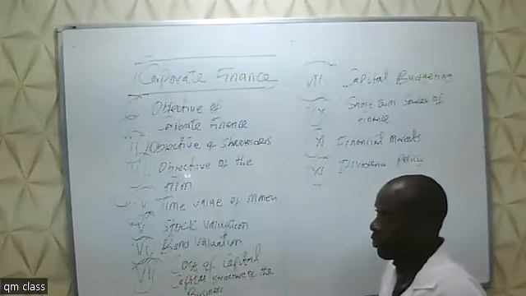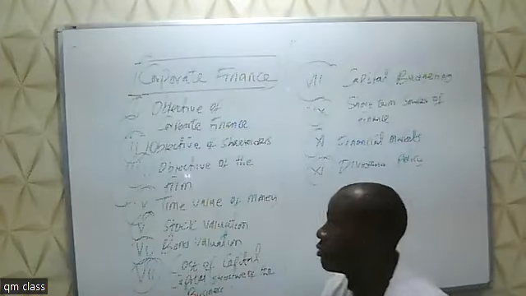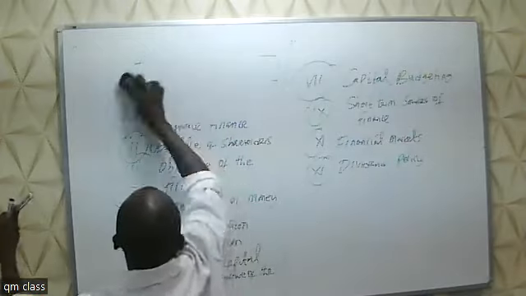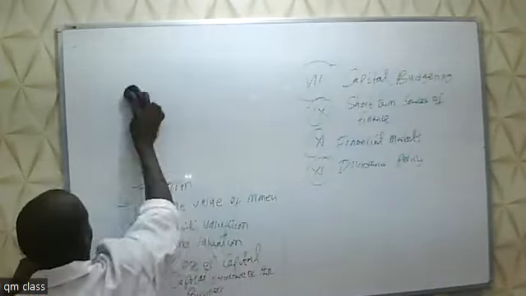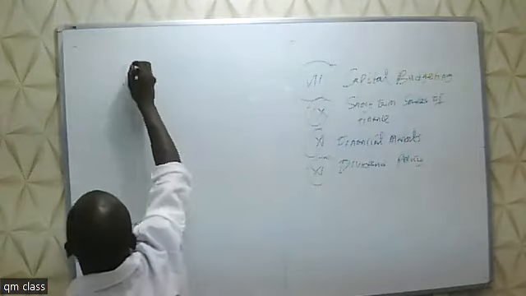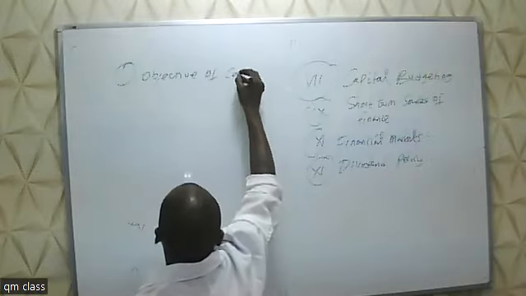Where we look at the first one, what is the objective of corporate finance? I know these are theories, but we need to start from there, so that you understand this course. So the first one is on objective of corporate finance.